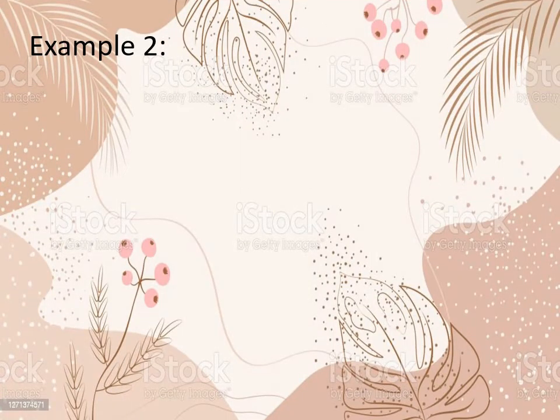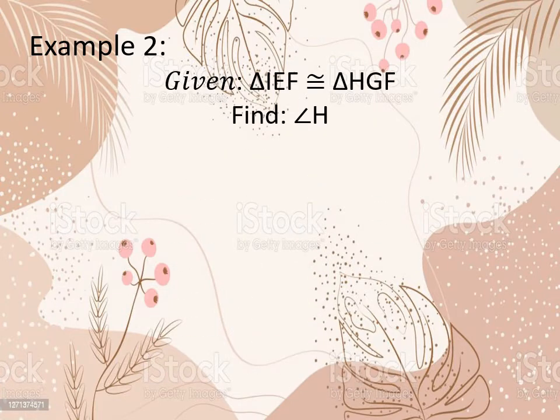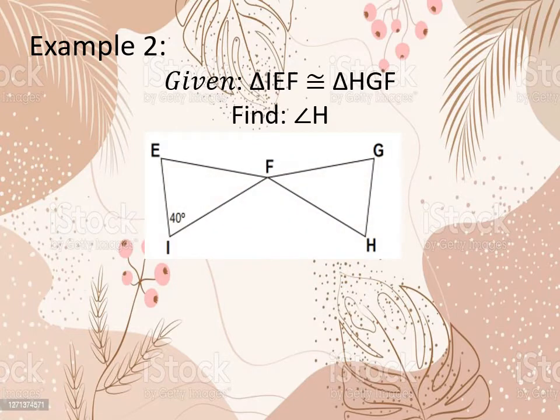For example number 2, given that triangle IEF is congruent to triangle HGF, find angle H. Given this figure, our task is to find the measurement of angle H. Since angle H corresponds to angle I, and angle I measures 40 degrees, therefore the measurement of angle H is also 40 degrees.